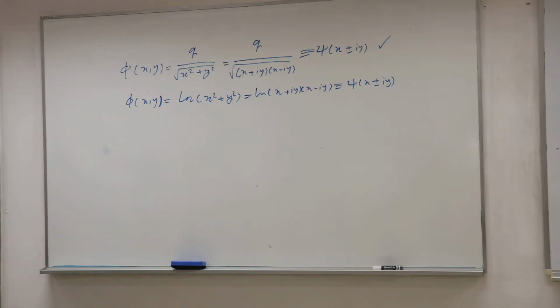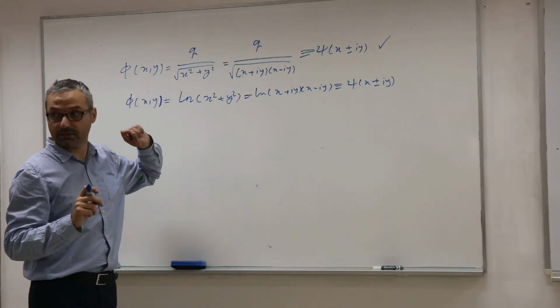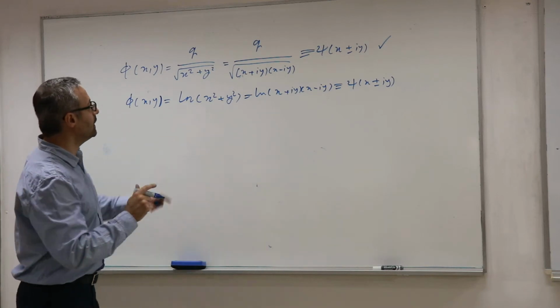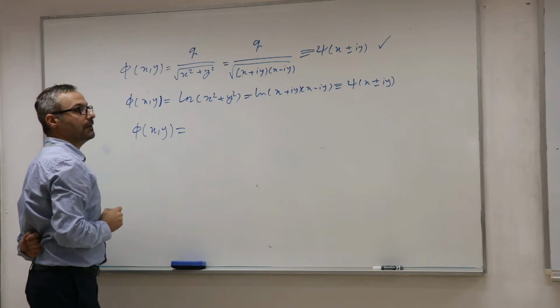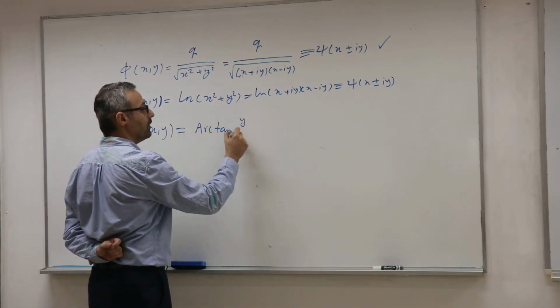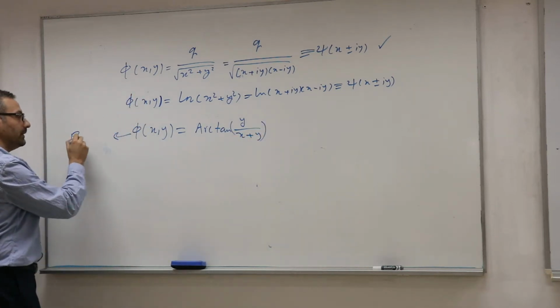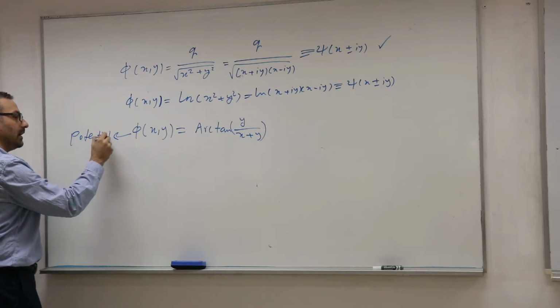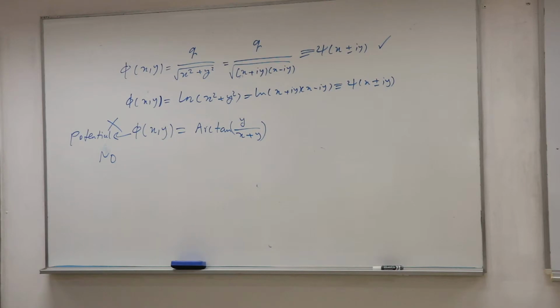You see that you find a test by looking at the function. You can see whether this function can be a solution of the Laplace equation or not. For example, if somebody tells me that in a region of space there is a function, arc tangent of y over x, and he calls it the potential, I can say no, because it doesn't satisfy the Laplace equation.